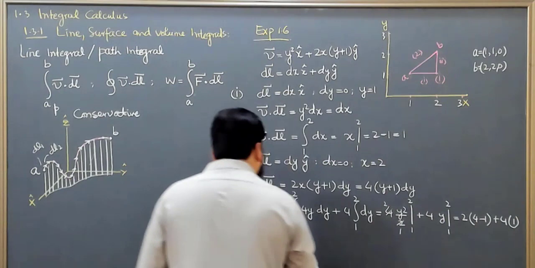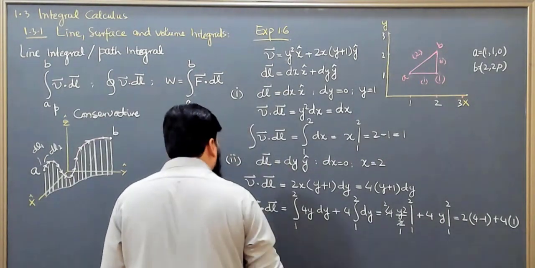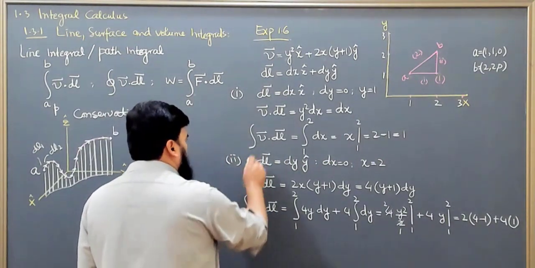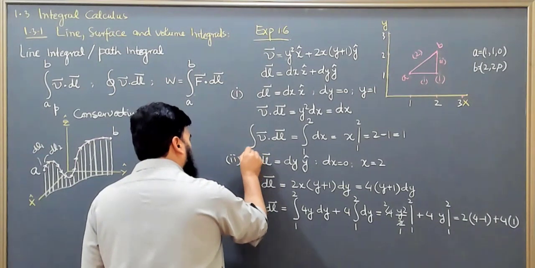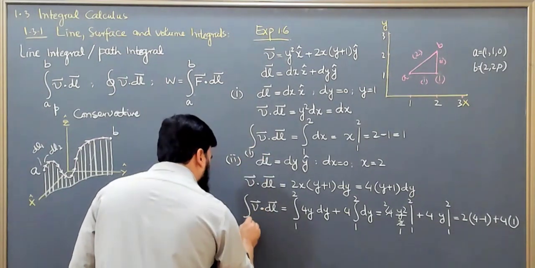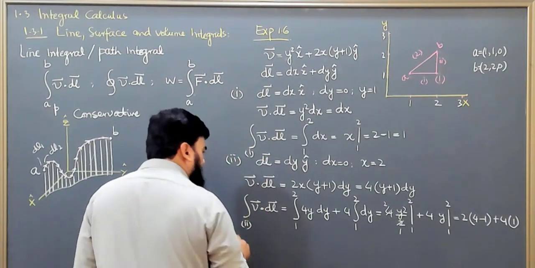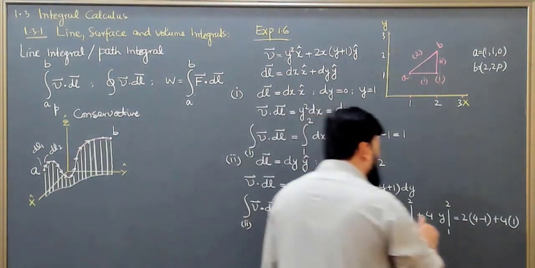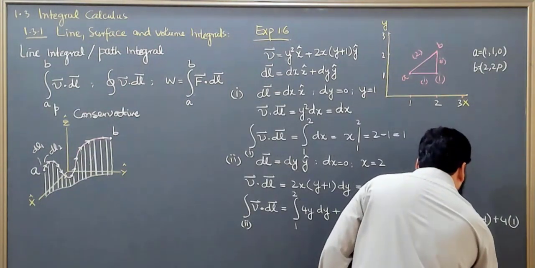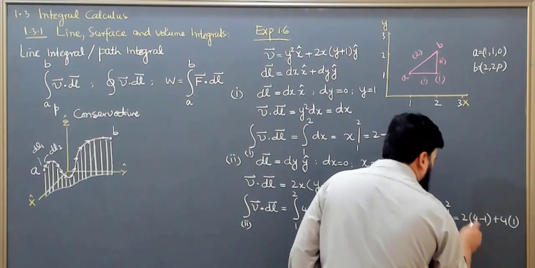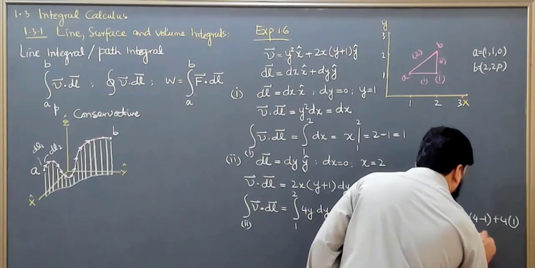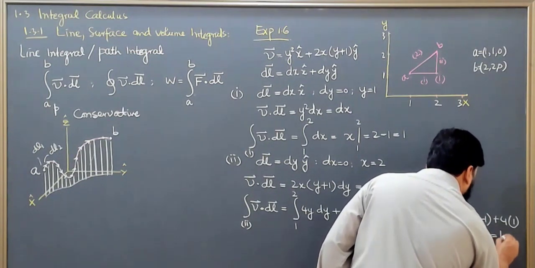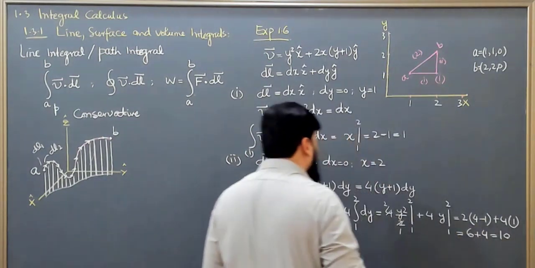So the v dot dl along this path comes out to be 3 into 2, 6, plus 4, which is 10.